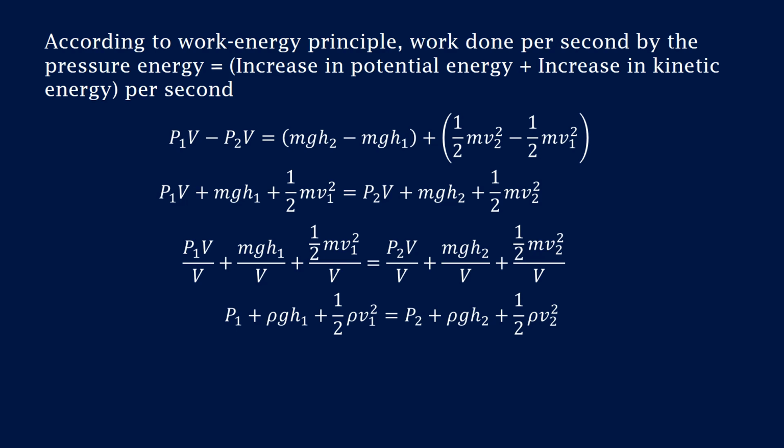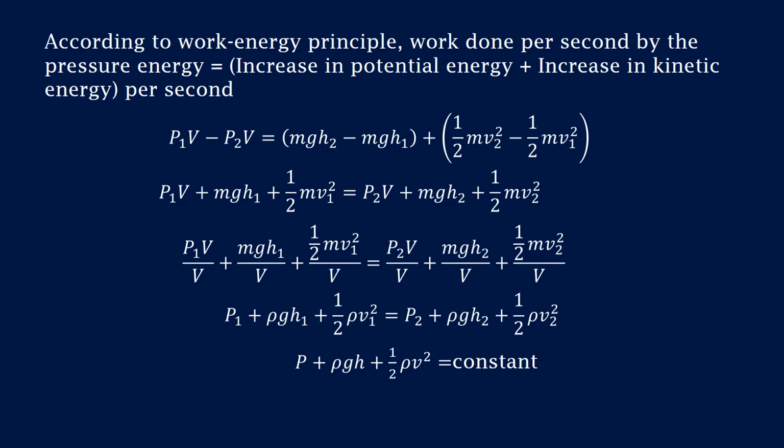Since the subscripts 1 and 2 refer to any location on the pipeline, we can write in general P plus rho gh plus half of rho v square is equal to constant.